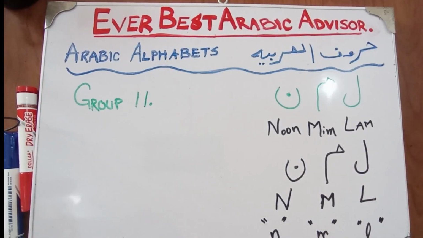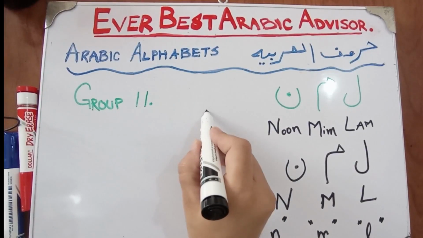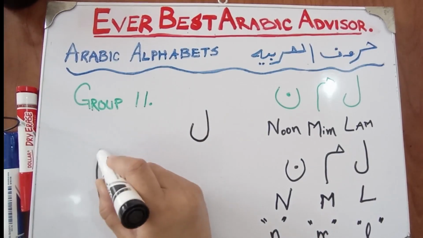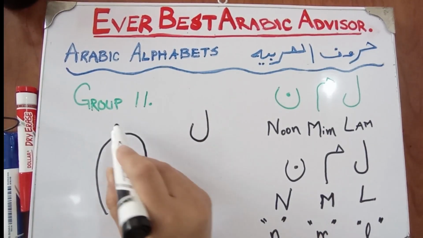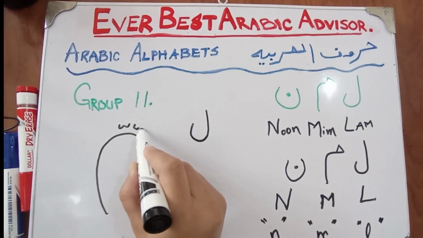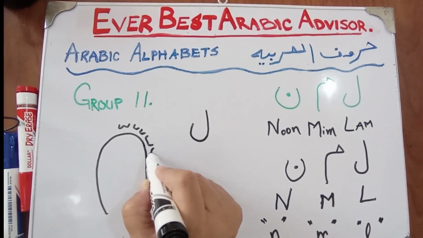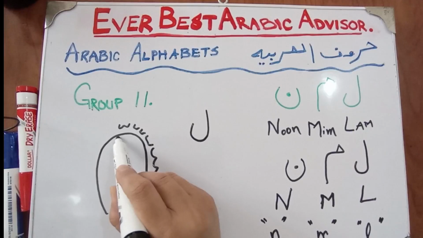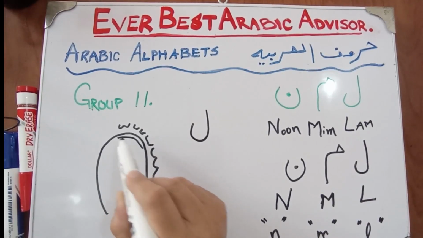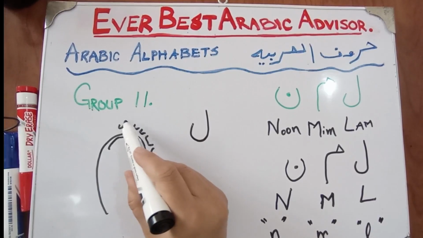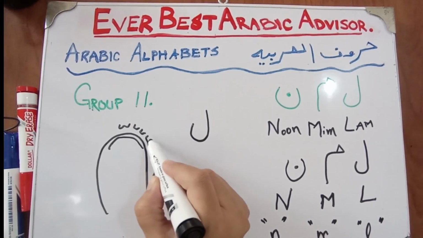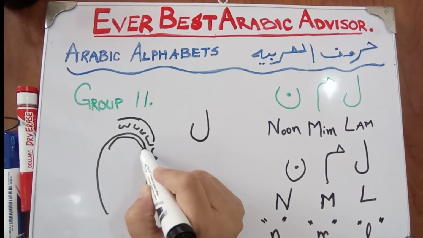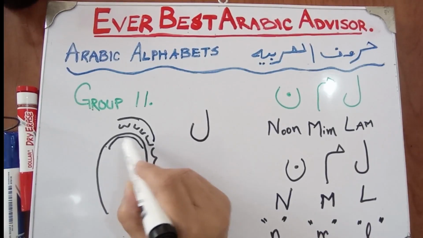That is very easy. Let's move to the articulation point. The articulation point of Lam is the tip of the tongue, involving the incisors, the premolars and the adjacent teeth.